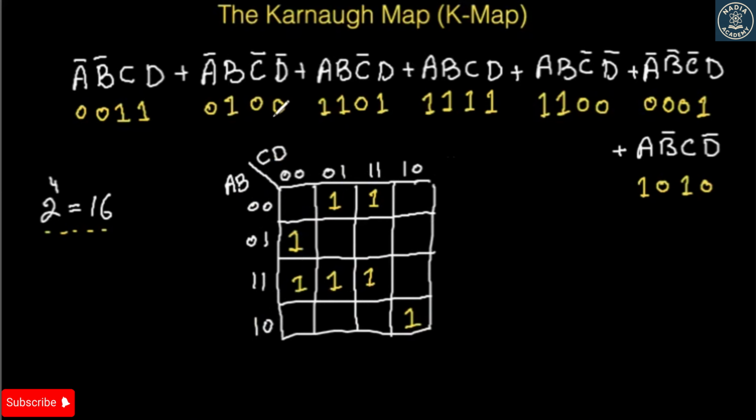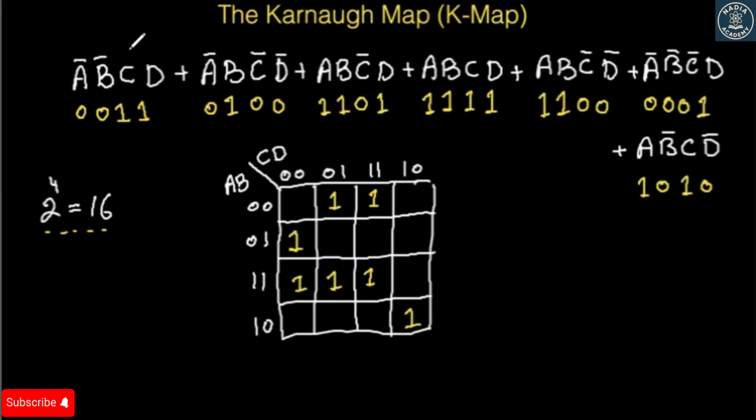After this, we look at each term, and if we have the bar, then the corresponding value is 0, and C and D without bar will have value 1. Here you can see what is happening in principle.